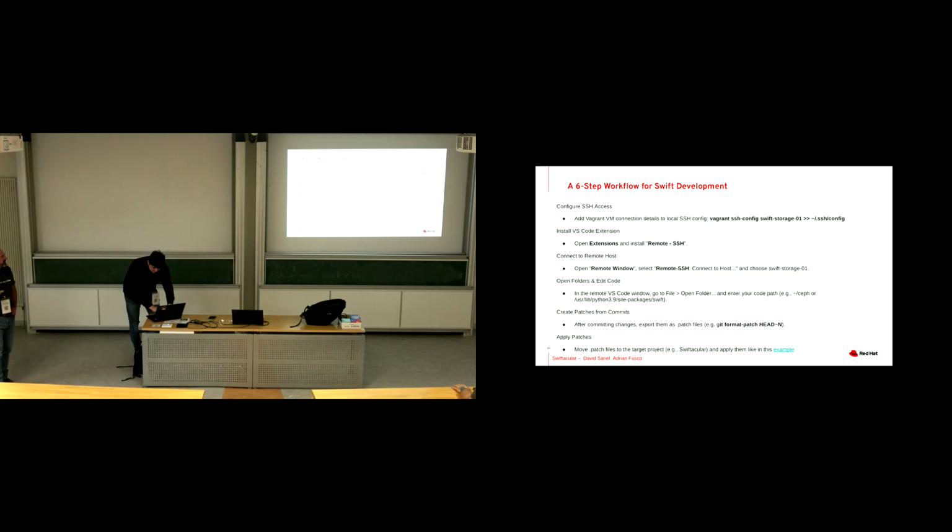Through the remote window, in one minute I'm able to open the Swift code on the storage node from the user lib python package Swift, and also open the Ceph code, that is pre-configured at the beginning by the scripts that Adrian was talking about, when the Vagrant box was created with precompiled Ceph.